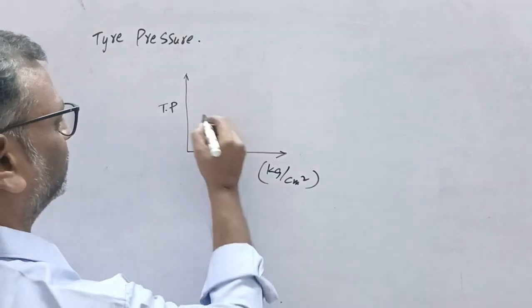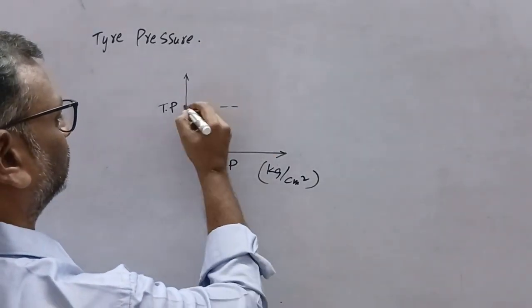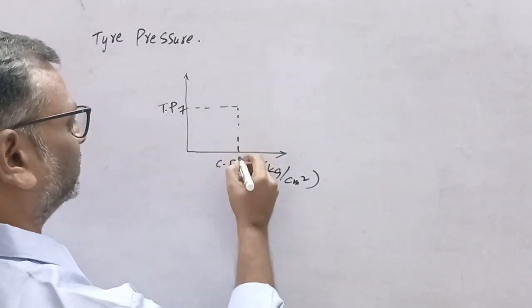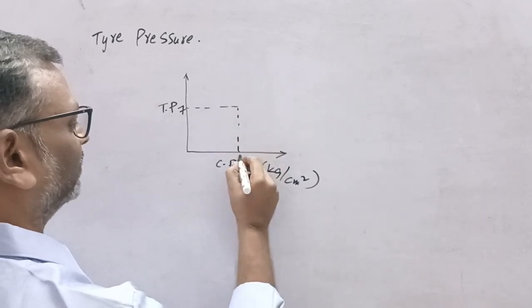As the tire pressure is 7, contact pressure is also 7.